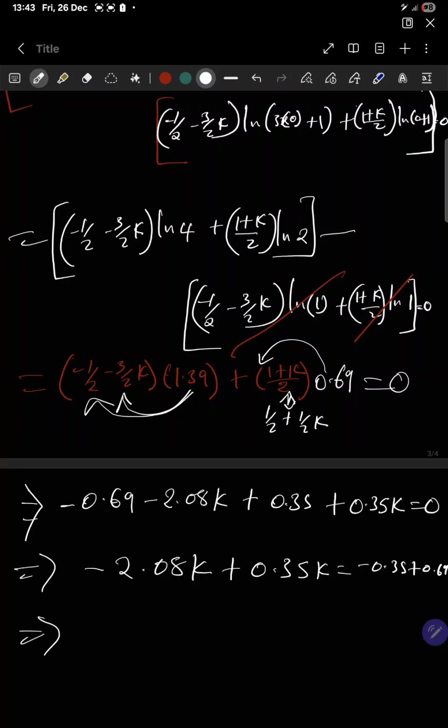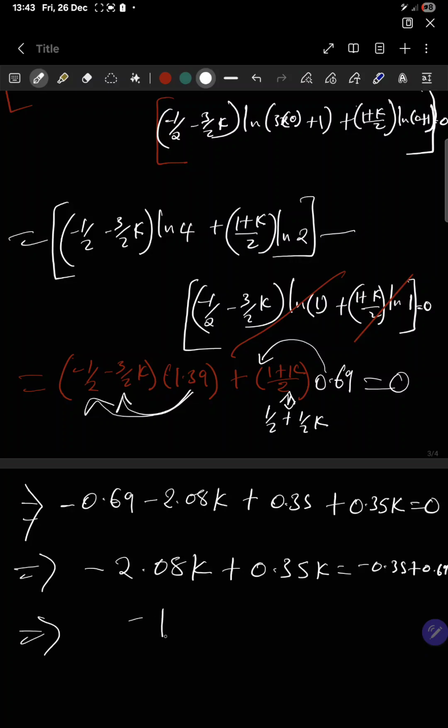Okay, so now here we add negative 2.08 plus 0.35, and we are going to get negative 1.78.